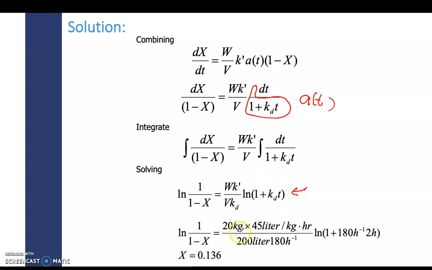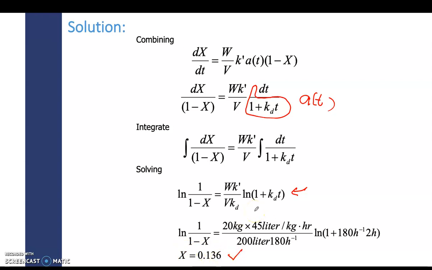Insert all the information given: W equals 20, the k prime is also given, V is 200 liters, Kd is also given. So finally your X only remains 0.136.